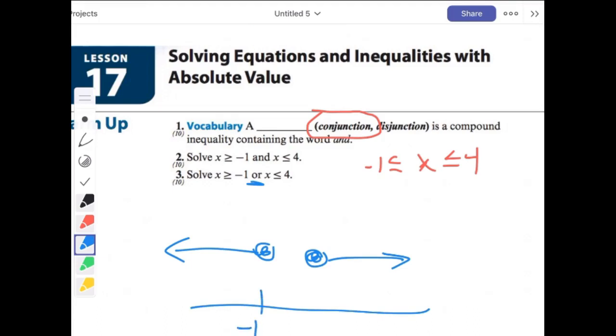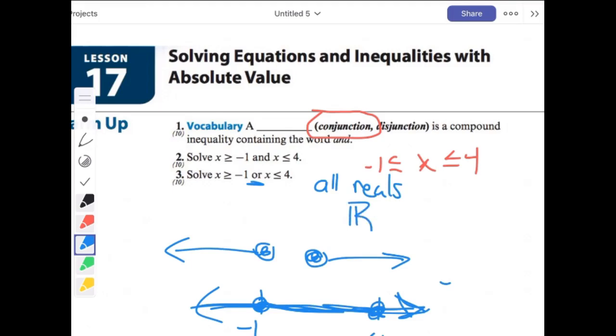So we have -1. So x is greater than or equal to that, so that's going to be going this way. And then we have x is less than or equal to 4, which is over here. Those can pass each other and we get all real numbers. So you can either say all reals, or you can say this little symbol with an extra bar, multiple ways to say all real numbers.